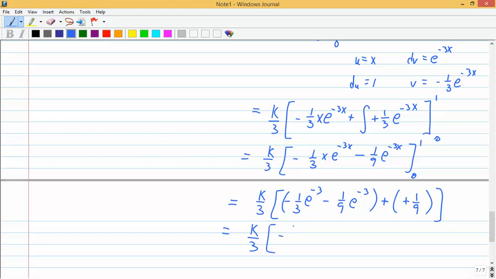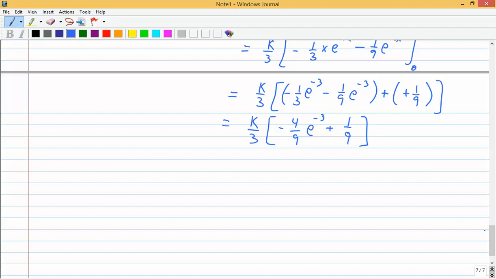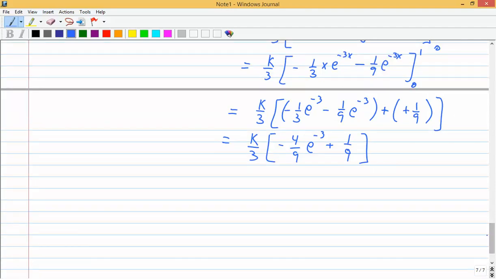So that's going to be negative 4/9 e to the negative 3 plus 1/9. Now to make this thing a little prettier, did I miss a negative sign somewhere?